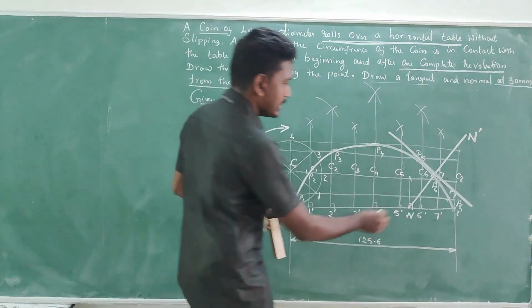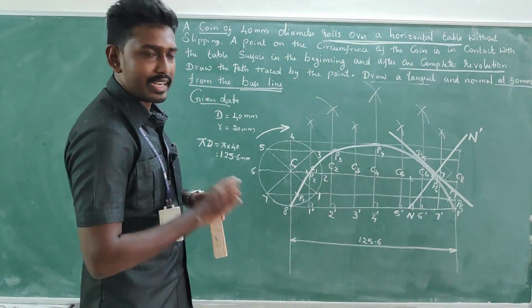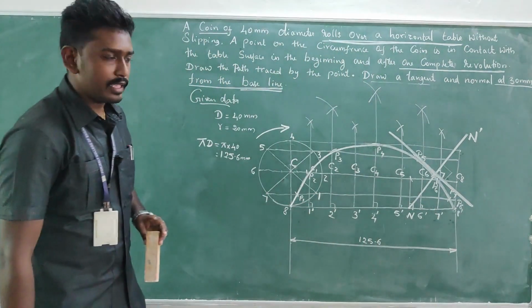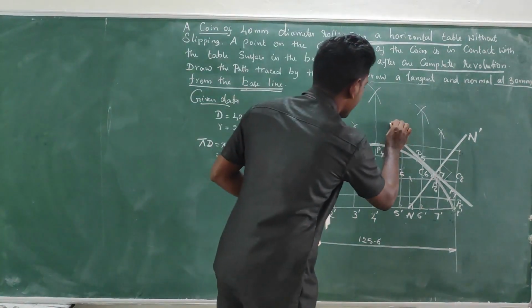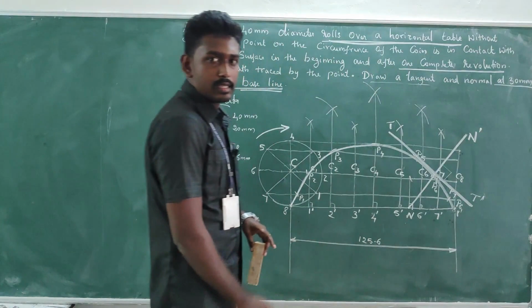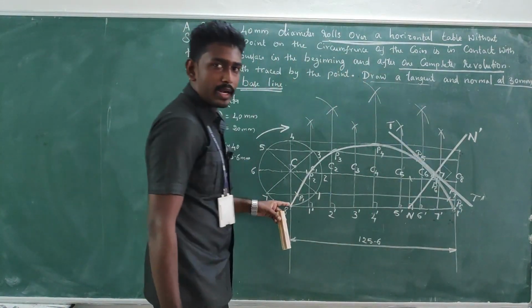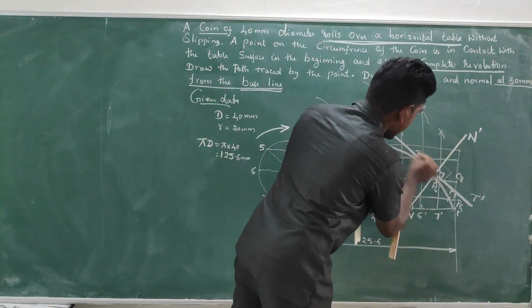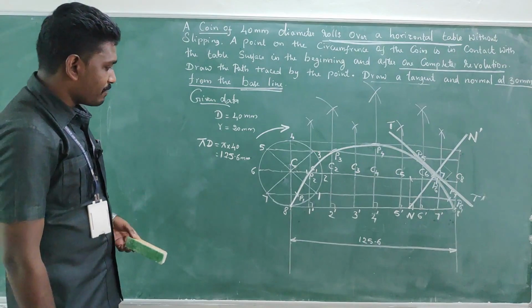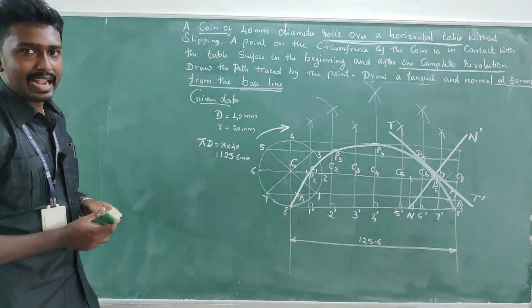You are taking 90 degrees in your protractor, and you are going for a straight line, just passing through the outer periphery of the curve. So we can mention this as T dash. So in this diagram, our cycloid curve should be a dark one, and normal and tangent should be dark lines.